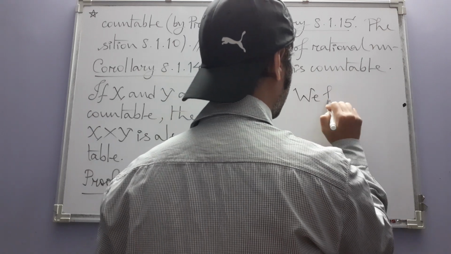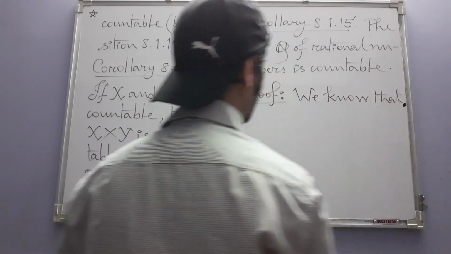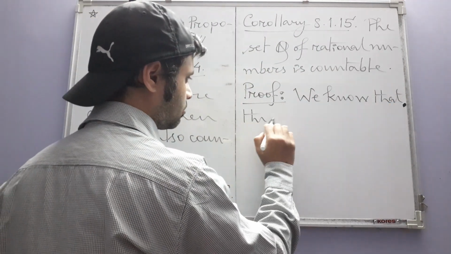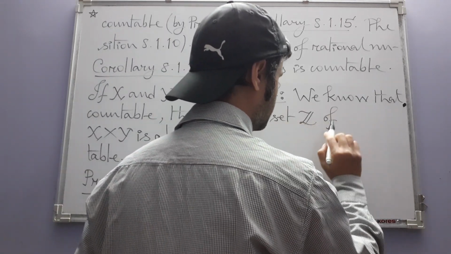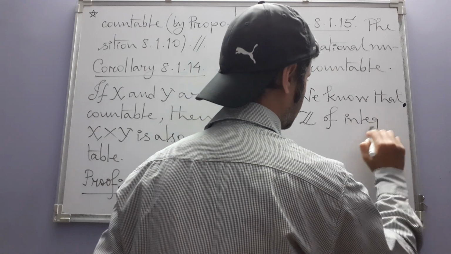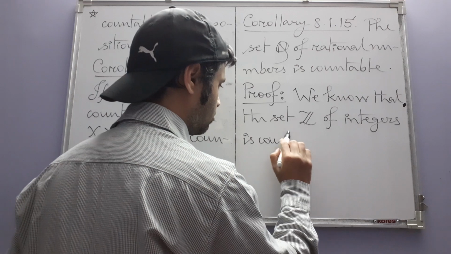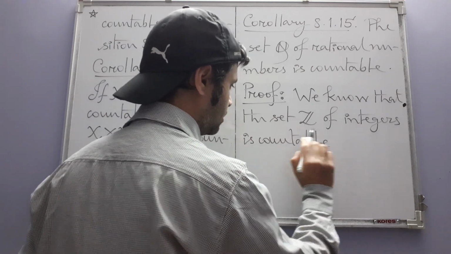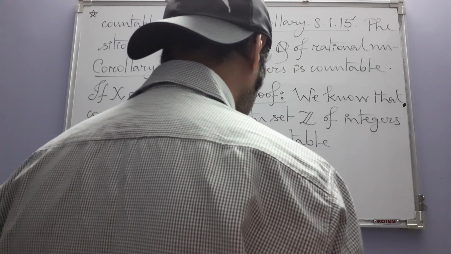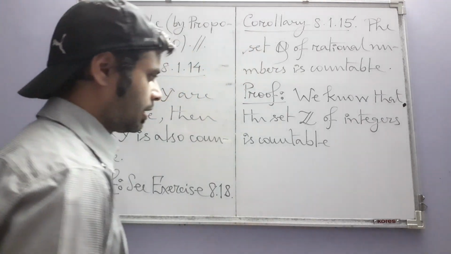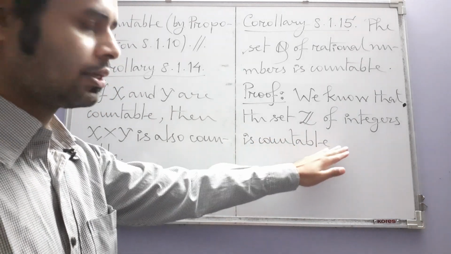We know that the set of integers is countable. In fact, we proved this in the previous analysis video, but I don't remember the number or whether it's a lemma or theorem.